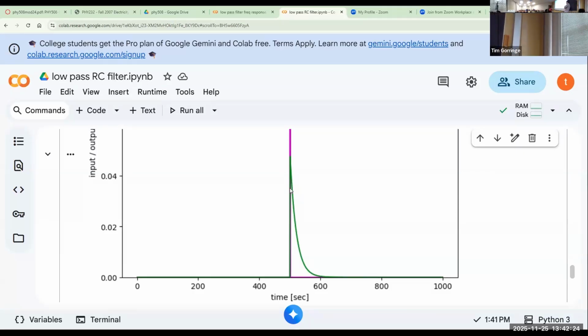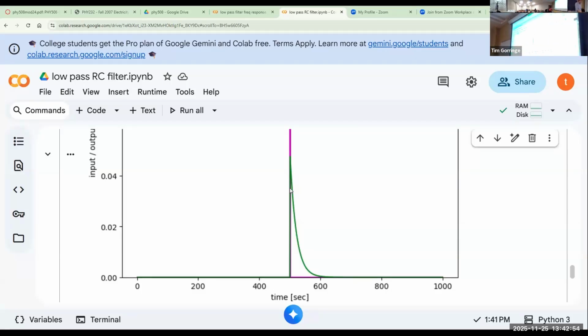And we see that that impulse on the input creates a lasting signal on the output, where the amount of time that it lasts for is the time constant, the memory associated with the RC circuit. So I think I had 20 seconds. And so this is an exponential decay of the memory of that impulse that lasts with a lifetime of 20 seconds.